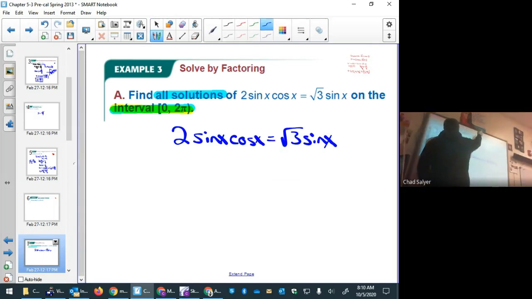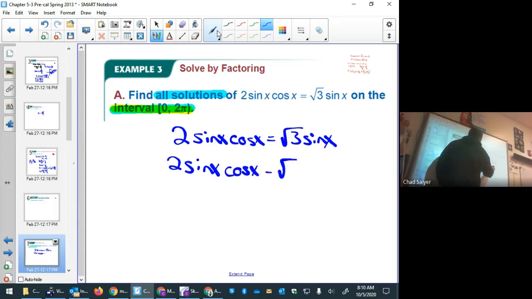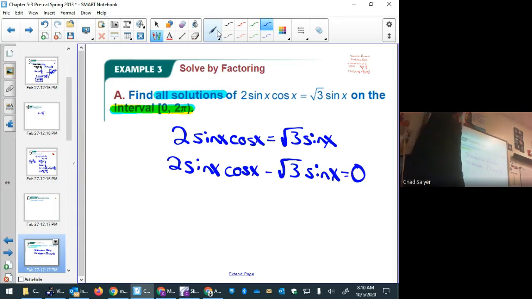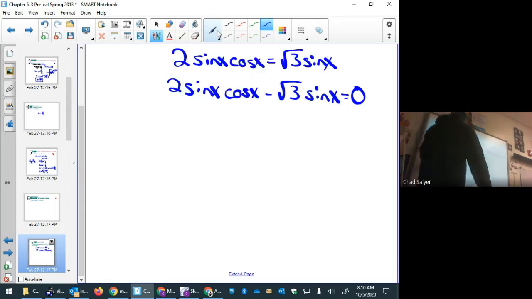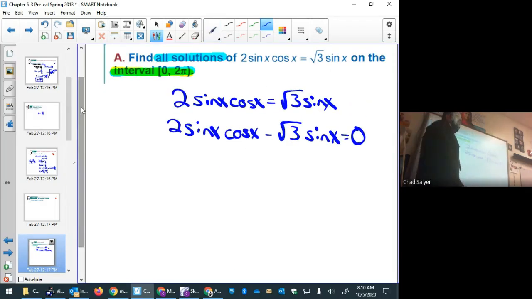Gotcha. Okay, so 2 sine x cosine x minus radical 3 sine x. So what I've done here is just subtracted this from each side to arrive here. Now to solve by factoring, I need to get one side equal to 0. You guys know that. Now I'm going to factor out the sine of x.